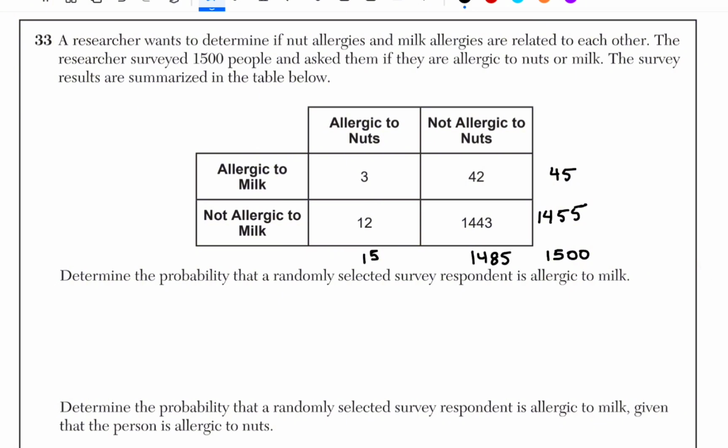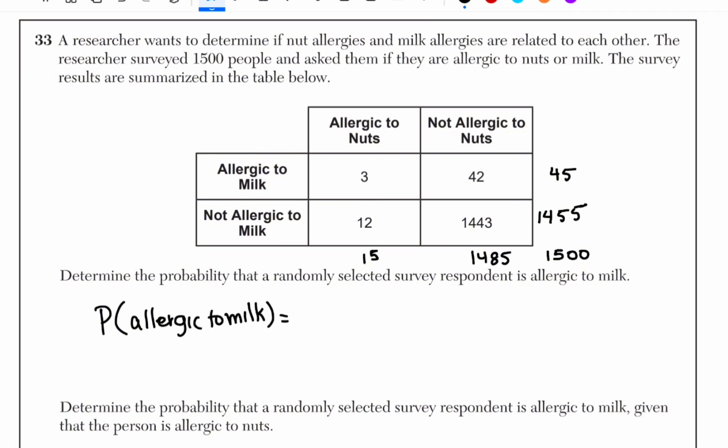So again, let's read part 1 again. It says, determine the probability that a randomly selected survey respondent is allergic to milk. So first we have to write our probability notation. So we're going to write it as P, that would be allergic to milk.